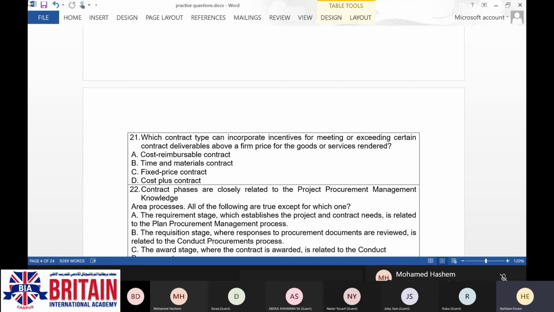Additionally, when you write this contract, you are going to say there will be a certain incentive percentage. Maybe it will be 1% of the total price of the contract, or 2%, or whatever the percentage. But your vendor will not be eligible to take it unless he makes exceptional performance.